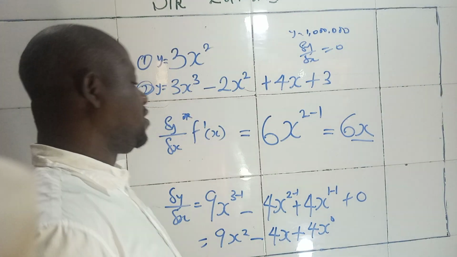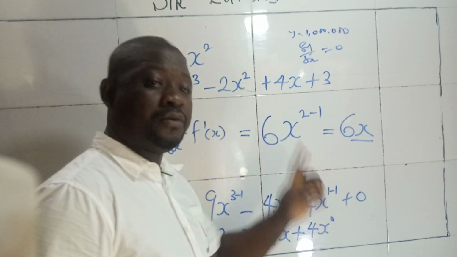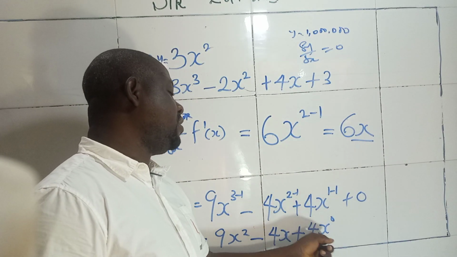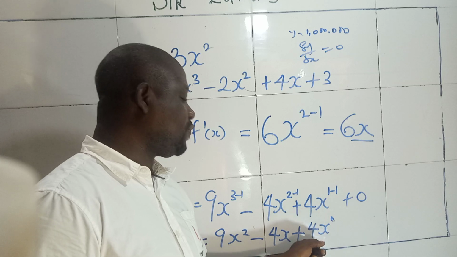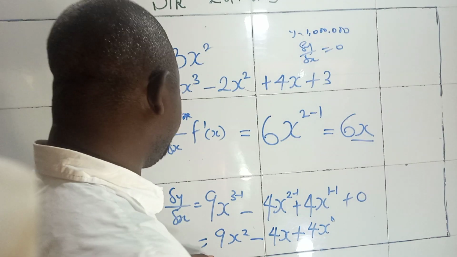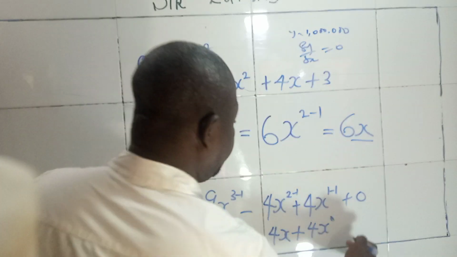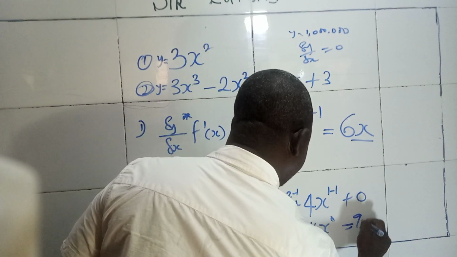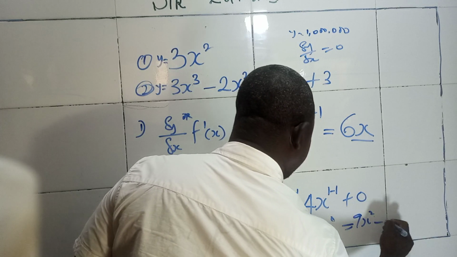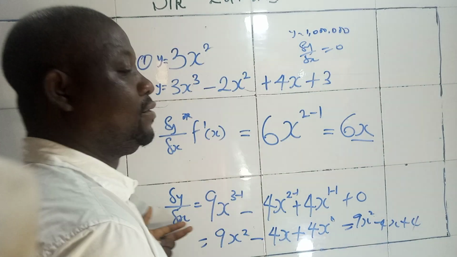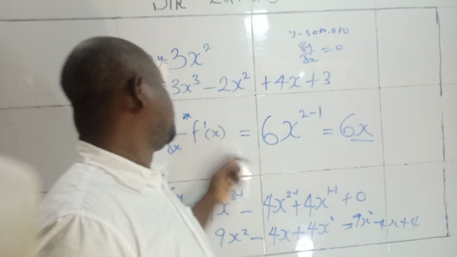From the law of indices, anything raised to power 0 is 1. So x raised to power 0 is 1, and 1 times 4 is 4. So you are going to have 9x squared minus 4x plus 4. That's the differential of this.